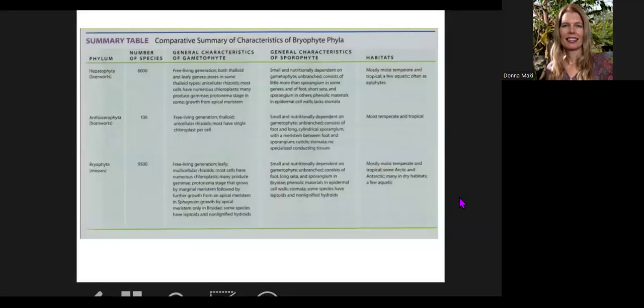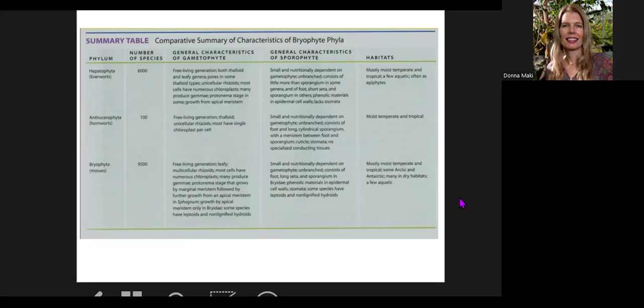Remember, I did say from this point forward, like with the algae, I want you to know phylum names now. So here are the three phyla. In the bryophytes, the Bryophyta are the mosses, the Hepatophyta are the liverworts, and the Anthocerophyta are the hornworts. I will be asking questions like which one is more abundant. So that first column gets you there.